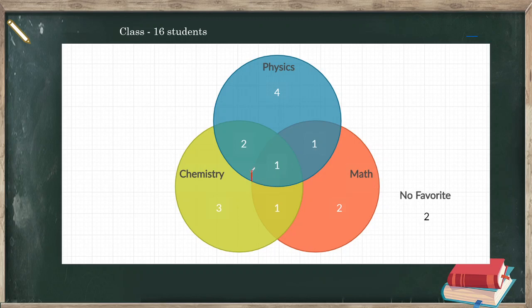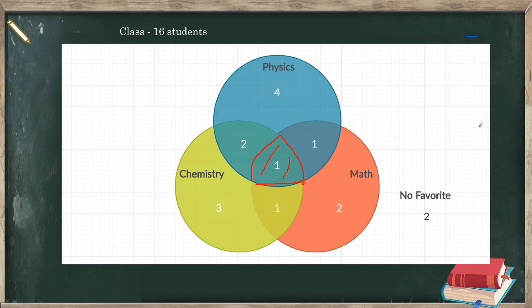If you look, this part is a part where all 3 circles interact. It's part of chemistry, it is part of physics, it is part of math. So this is the region where we can find the number of students who said that they like all physics, chemistry and math.